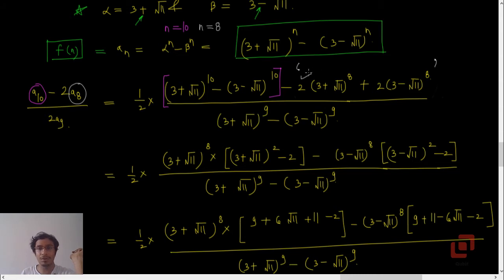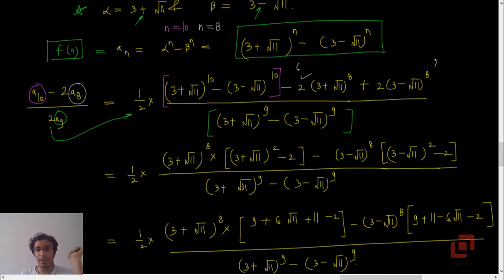Then let's go to the denominator, which is a9 into 2. I've taken that 2 outside and written it here, and then you can see alpha raised to 9 minus beta raised to 9.